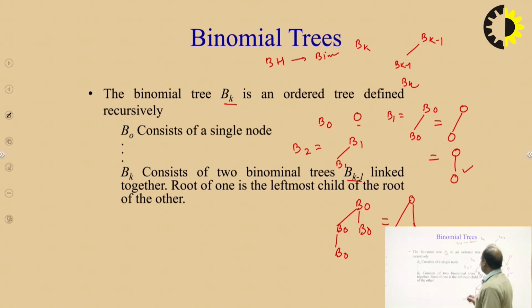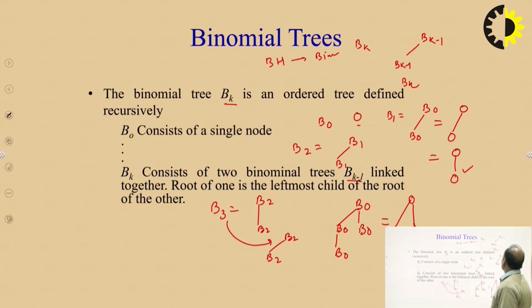Similarly, if we talk about B3, this is a collection of 2 B2, right? And again B2 is a collection of 2 B1, and the other B2 is a collection of 2 B1.